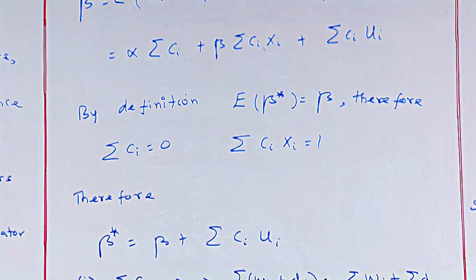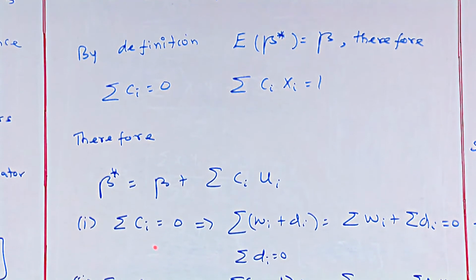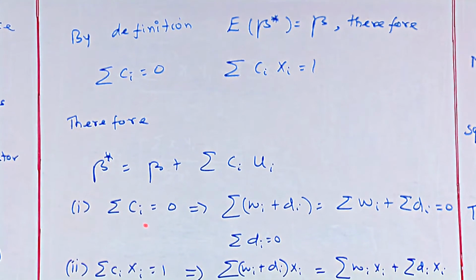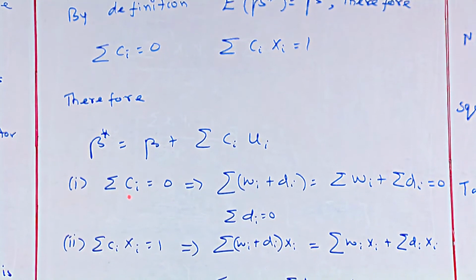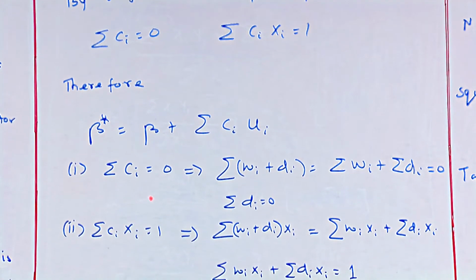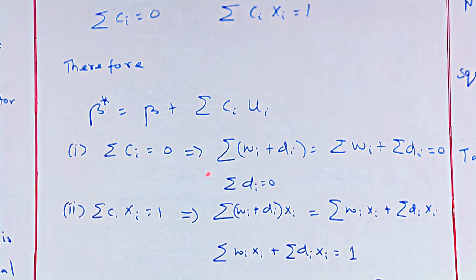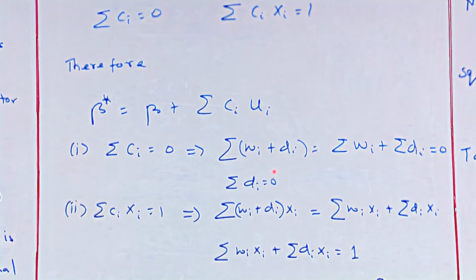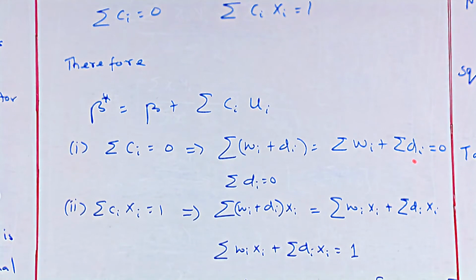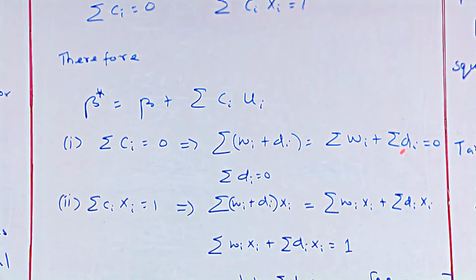Therefore, we get sigma ci is equal to 0 and sigma ci xi is equal to 1. If sigma ci is equal to 0, we may derive the properties of di. We already know ci is equal to wi plus di. So this is equal to sigma wi plus sigma di, and the sum is equal to 0.